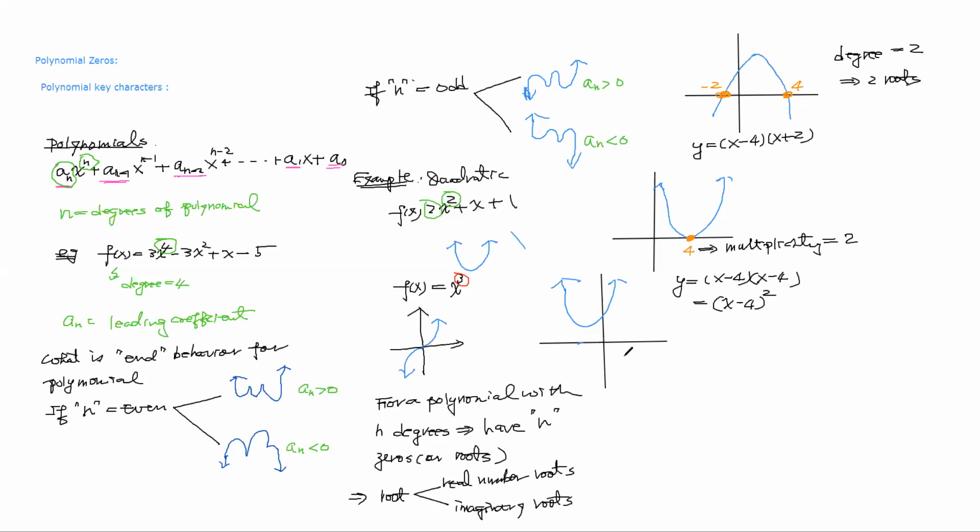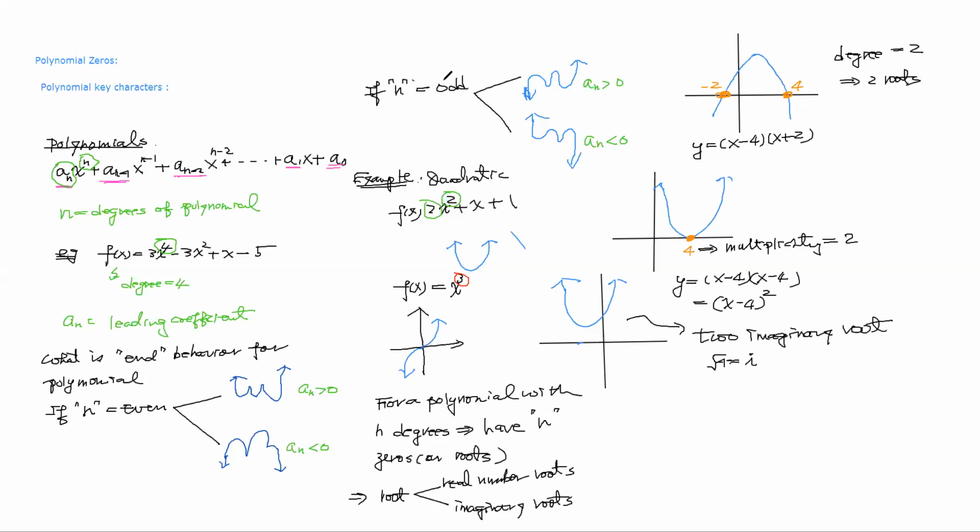But I said the degree is 2, so I have 2 roots here, right? So what type of roots am I having? For this type of quadratic, I'm going to have 2 imaginary roots. What do we mean by imaginary roots? That's the complex number, the imaginary number, where the square root of -1 is equal to i, right?